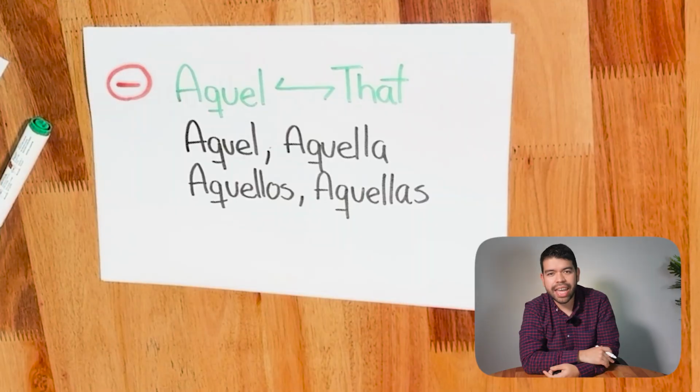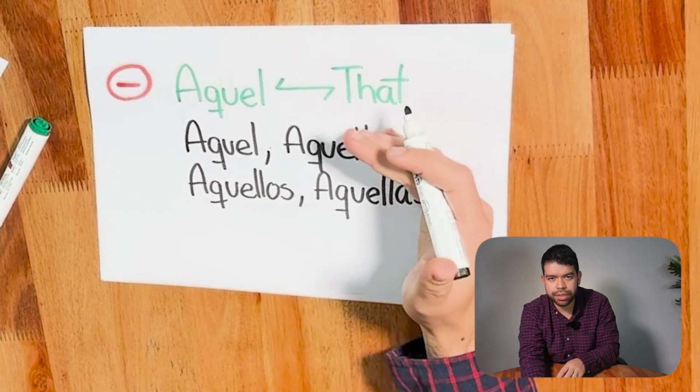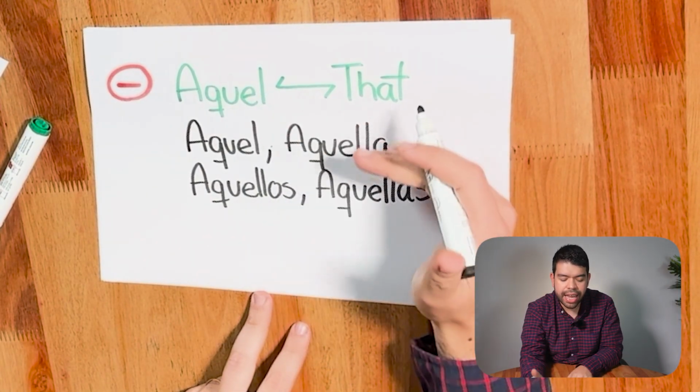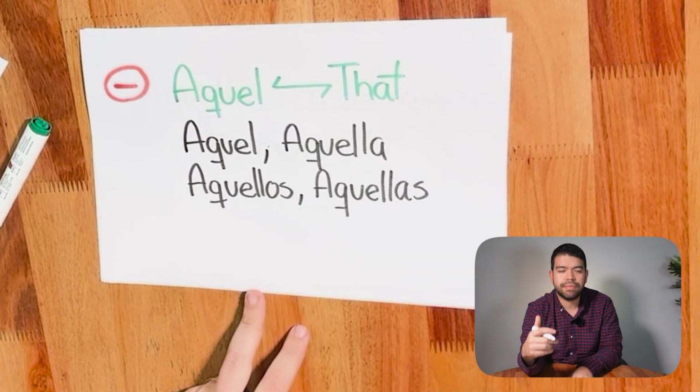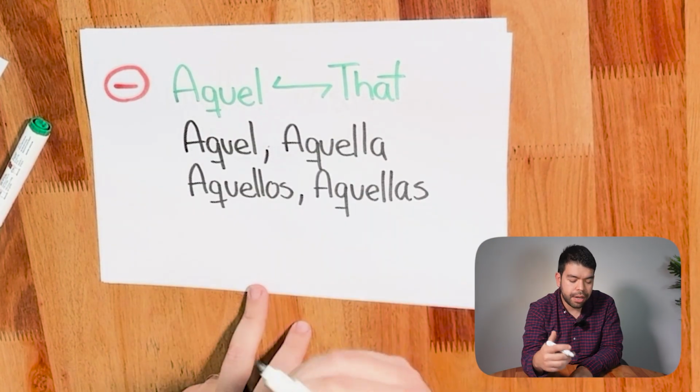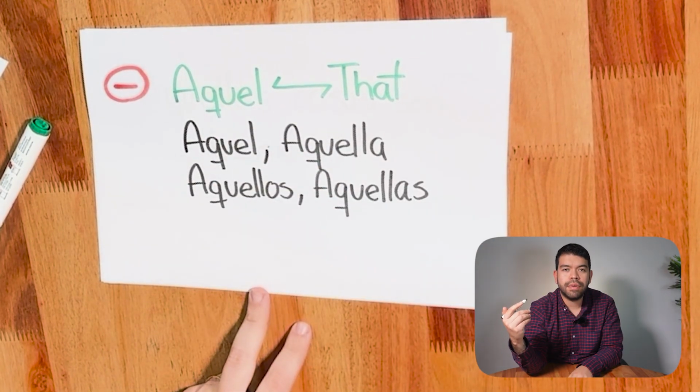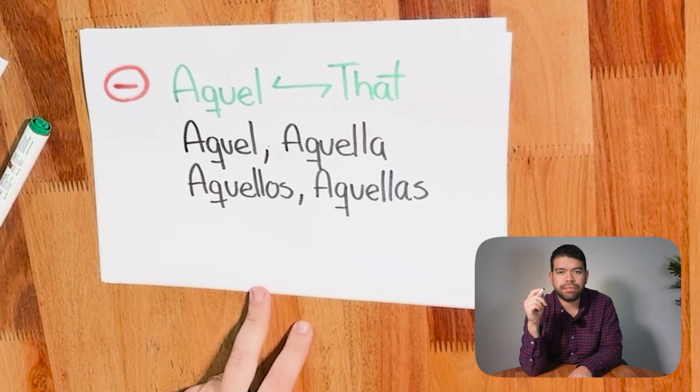But wait, I told you there's one more word. There's also the word aquel. And yes, aquel also has variations. Aquel, aquella, aquellos, and aquellas. Masculine, feminine, singular, and plural. You got this.